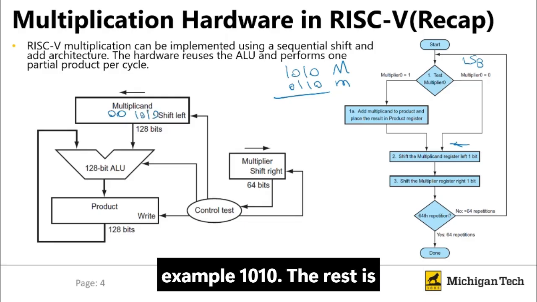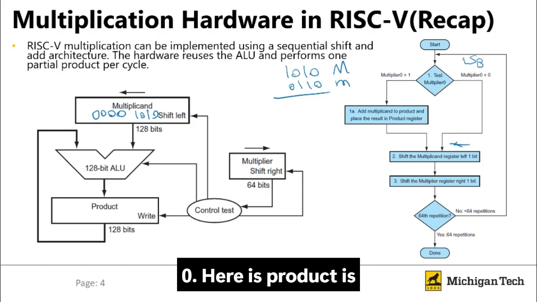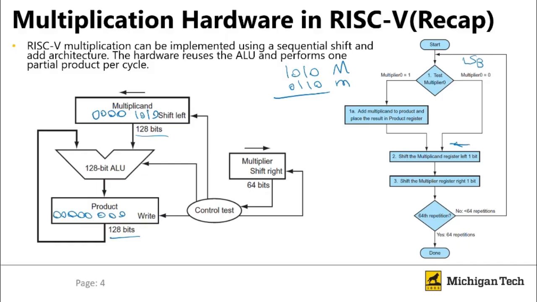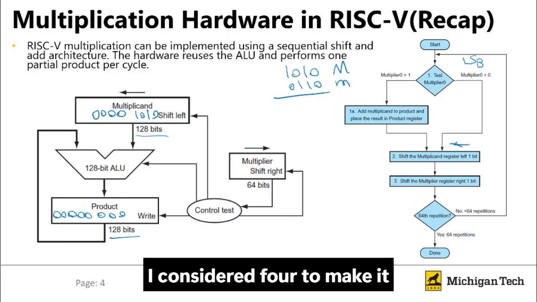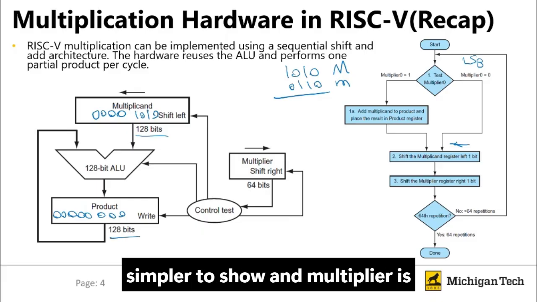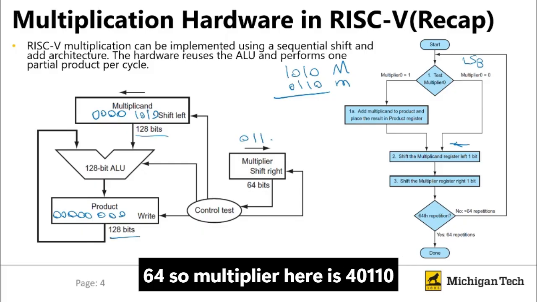The rest is 0. Here the product is also 128 bits. Product is 0 at the beginning, but is 8 bits in this case because I considered 4 to make it simpler to show. And the multiplier is 64 bits. So the multiplier here is 0, 1, 1, 0.